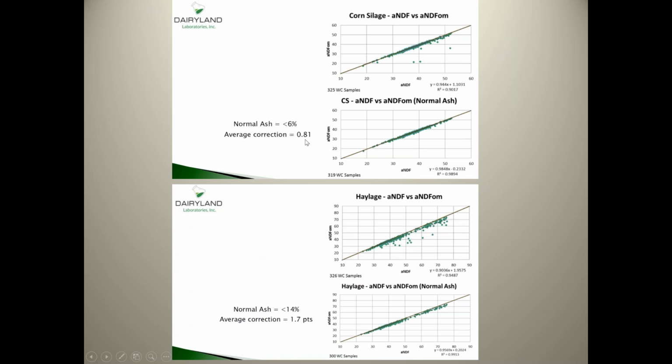If you look at the average correction for corn silage, it's very small, 0.8, so a 40% NDF sample, if you do the ash correction, maybe 41.2, whereas with hay crop forages, alfalfa forage, for example, the average correction is 1.7 percentage units, nearly 2%.